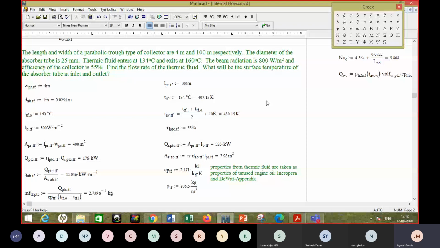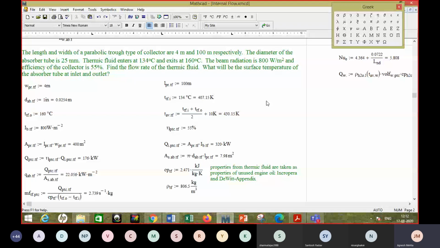Surface temperature is one and the same, whether you call it the inside or outside surface temperature of the tube. So one is the temperature of the thermic fluid or oil flowing through the tube, another is the surface temperature, and the third is the ambient temperature. These are the three temperatures which may be of interest in this problem.